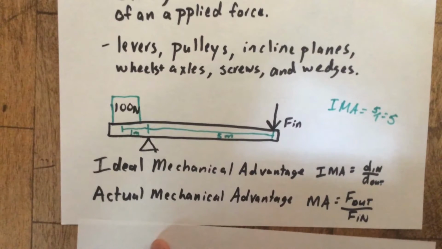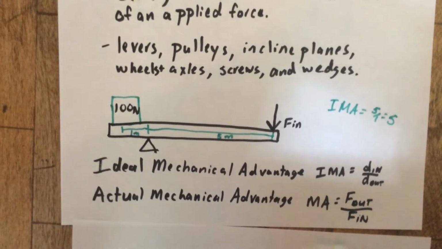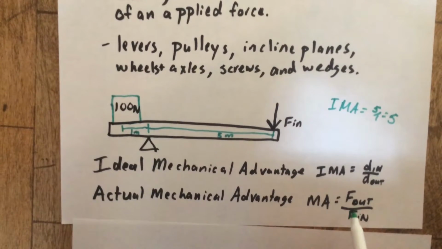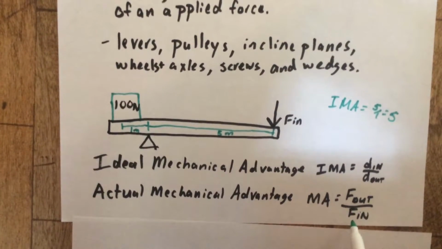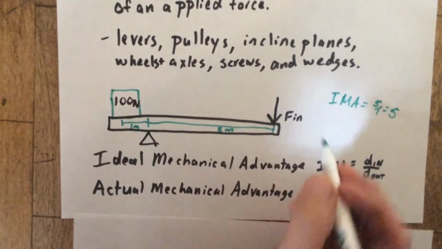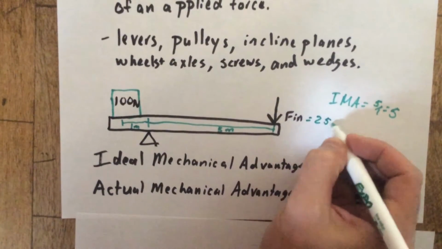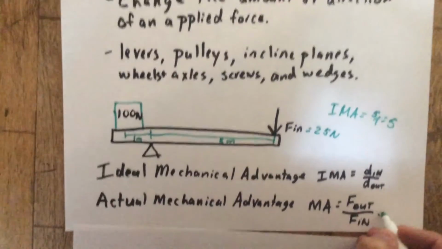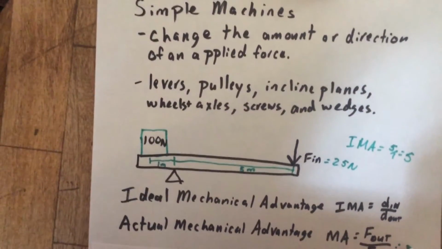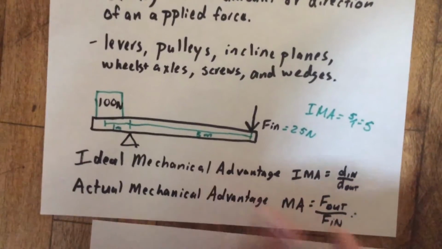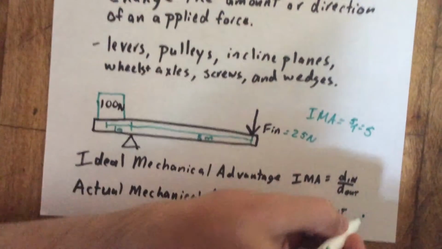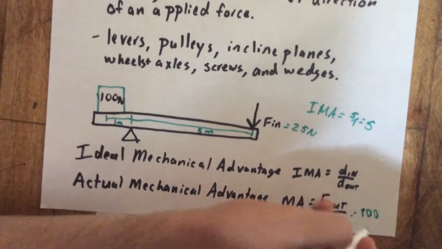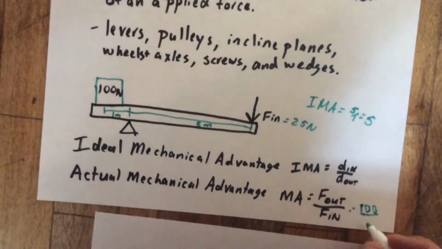The other type of mechanical advantage is the actual mechanical advantage. This is how much force we really get out when we apply a force in. So let's say it takes me 25 newtons to lift this 100 Newton box. That would mean my output force would be 100, and my input force would be 25.